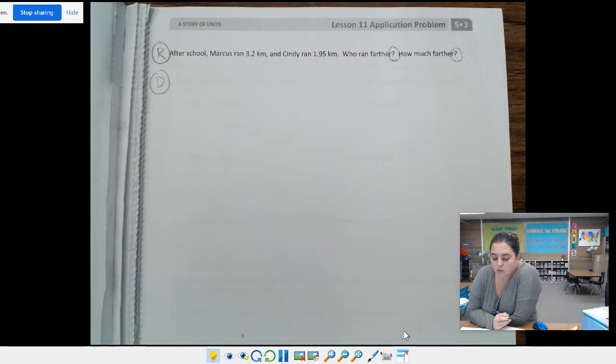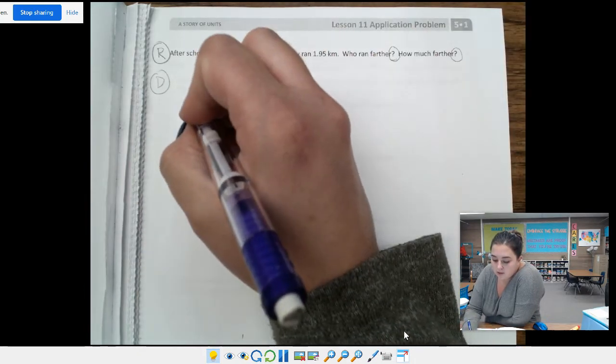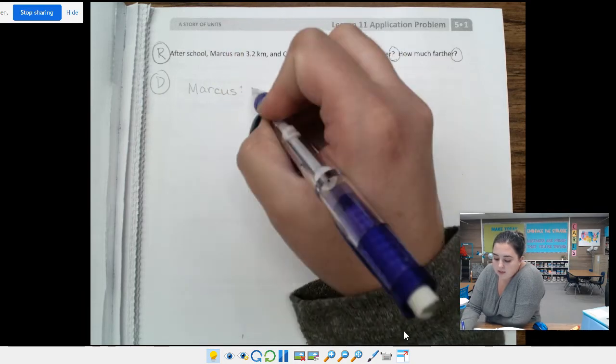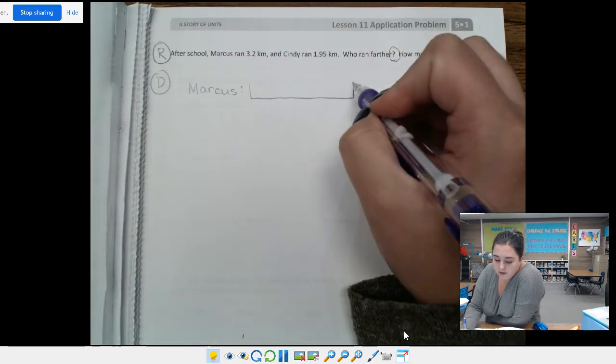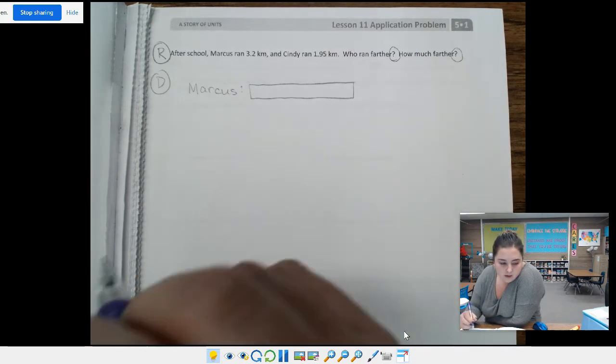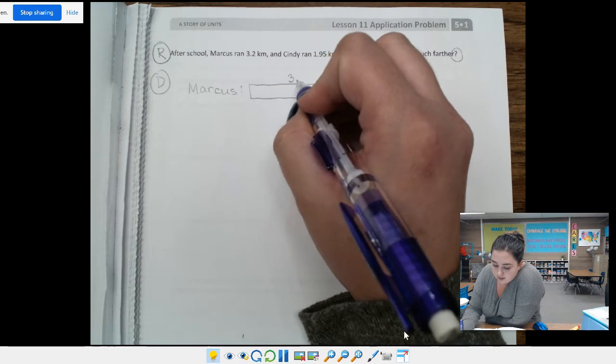After school, Marcus ran 3 2/10 kilometer. So let's draw, here's Marcus. I'm going to draw a tape diagram to show how far he ran. So let's say right there. And this is going to be 3 2/10 kilometer.